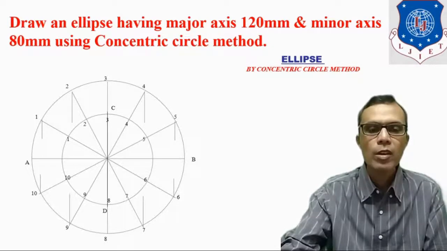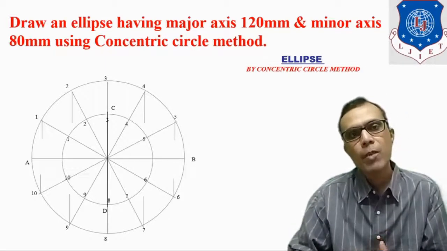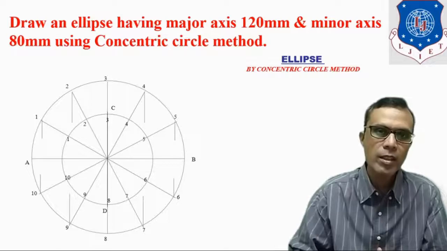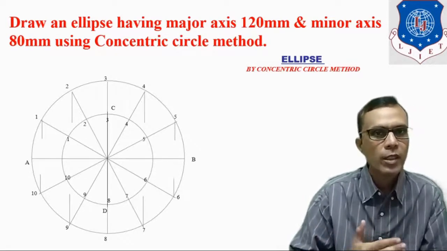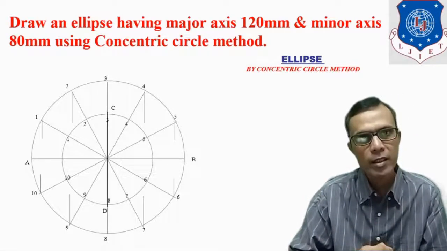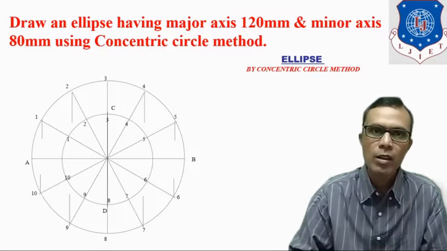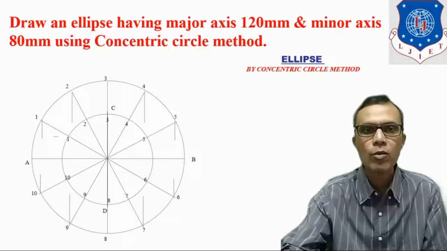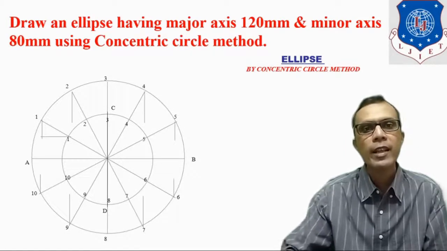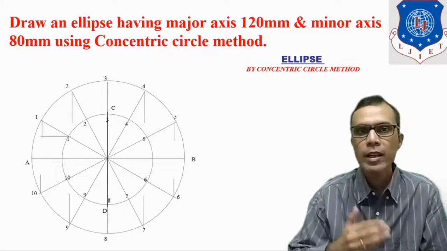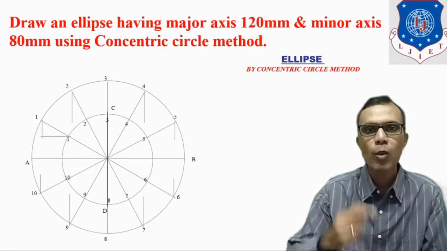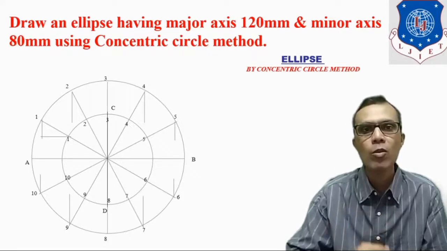Now we have to consider the division numbers on the inner circle, and from the inner circle divisions we have to draw horizontal lines. Let us consider division number 1 of the inner circle. From division number 1 we have to draw the horizontal line in such a way that we get the intersecting point with the vertical line drawn from division number 1 of the outer circle.